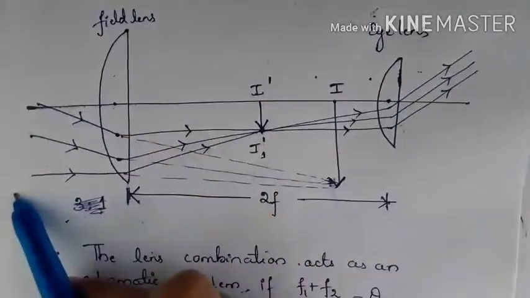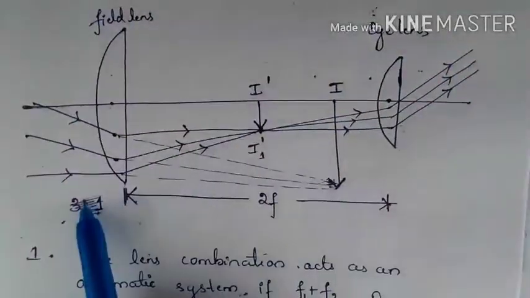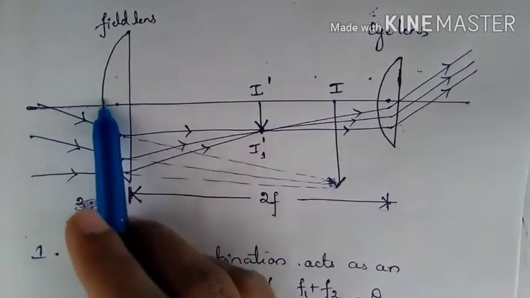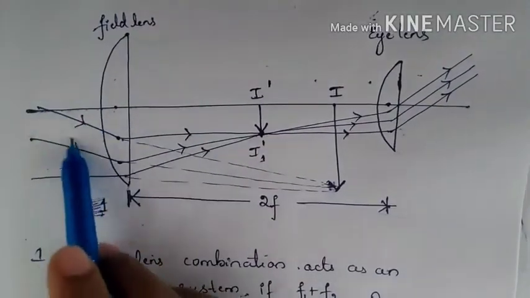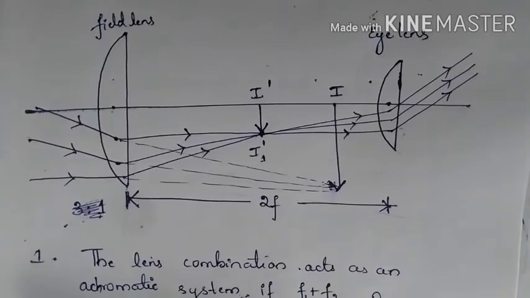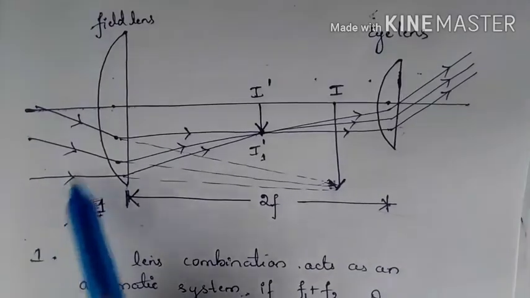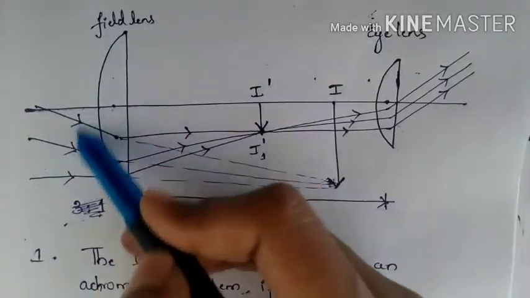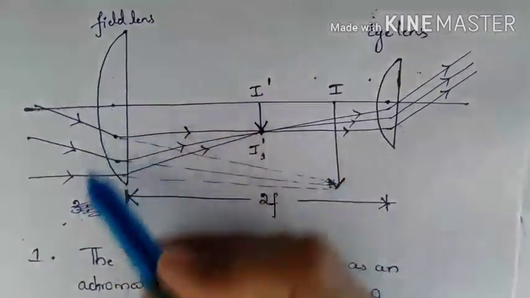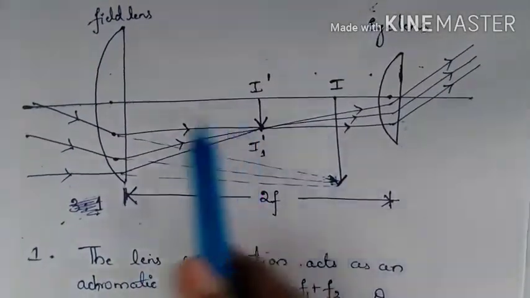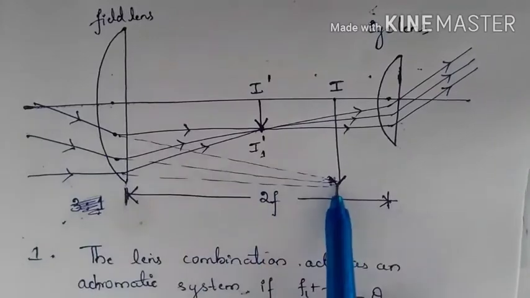So there will be objective lens and there will be eyepiece. So this field lens is receiving the incident rays from the objective lens, and these rays are received by the curved surface. And now the image of this ray is formed here.